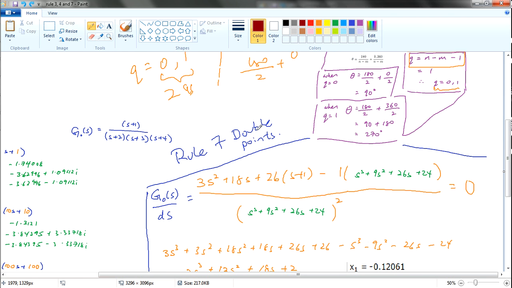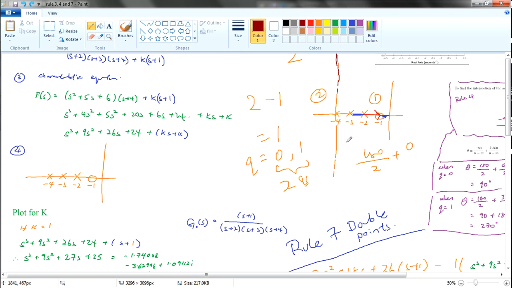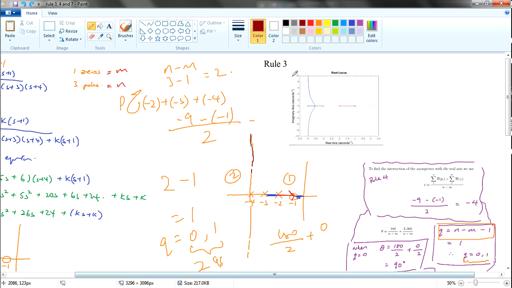Just to recap, I know it's very long-winded. We talked about rule 3: whatever odd singularity to the right is not in the root locus.